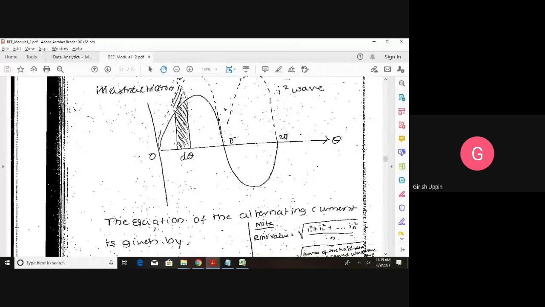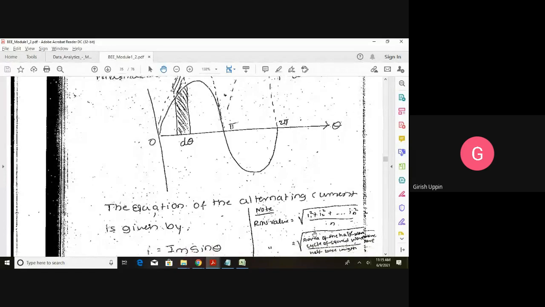If I take the instantaneous values I1 squared, I2 squared, and so on, the RMS value is equal to the square root of I1 squared plus I2 squared plus so on up to In squared, divided by n, where n is the number of instances. So to find the RMS value: the square root of the sum of the squares of all the samples divided by the number of samples. So in terms of the area, how do we calculate?